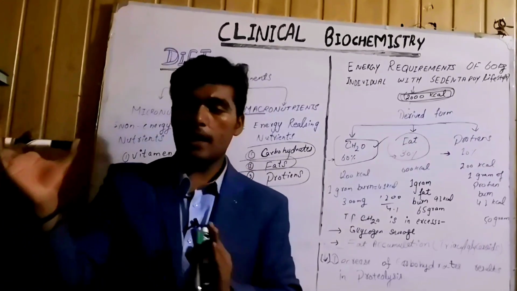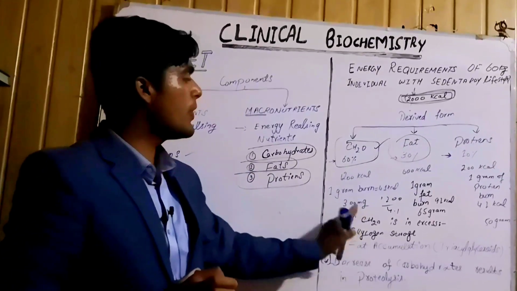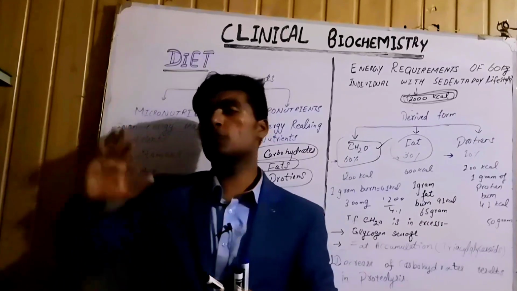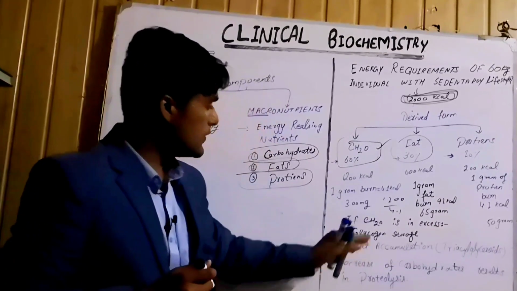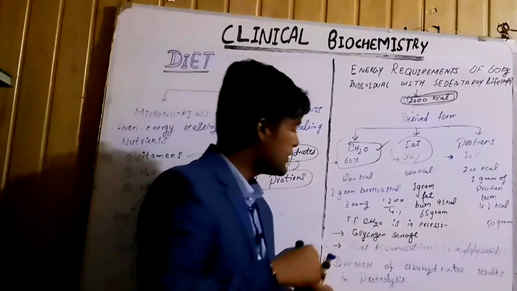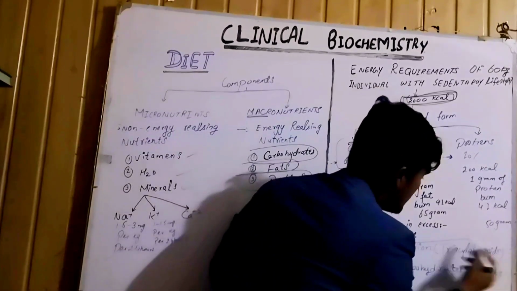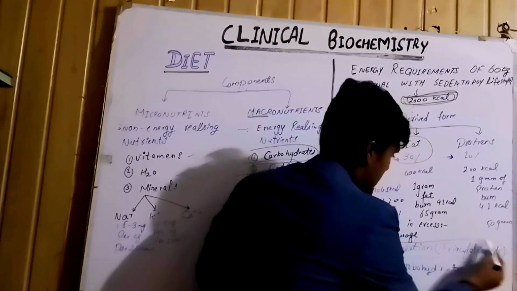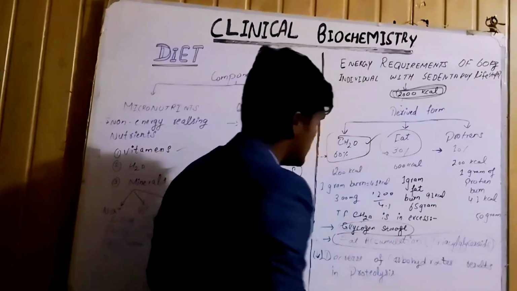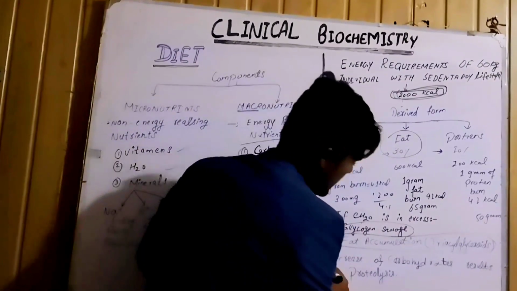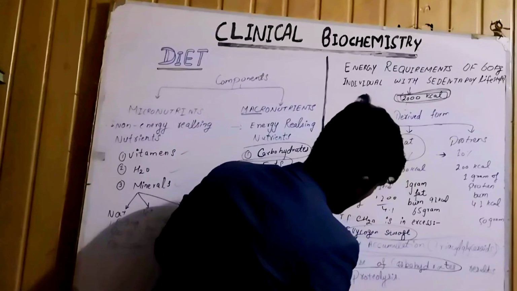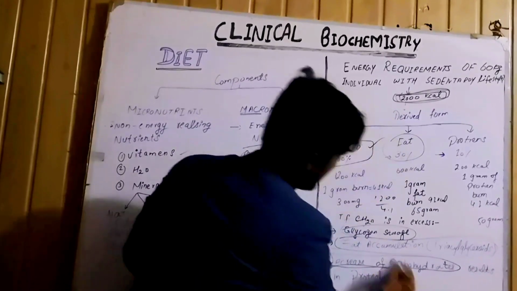But in abnormality, if carbohydrate is in excess, what is it going to do in our body? If carbohydrate is in excess, it will cause fat accumulation and glycogen storage, and if carbohydrate is in low amount, it will cause proteolysis in our body.